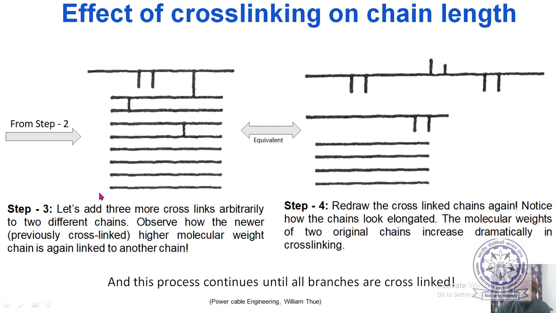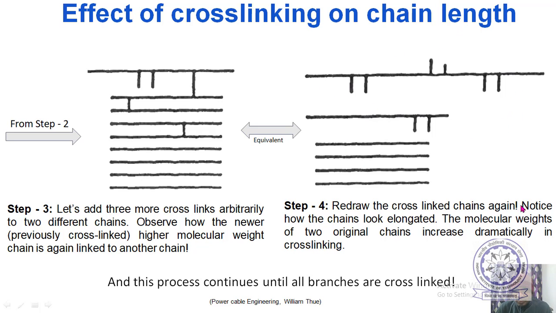Let us add three more cross-links arbitrarily to two different chains. Observe how the newer, previously cross-linked higher molecular weight chain is again linked to another chain like this. So, the equivalent becomes like this.